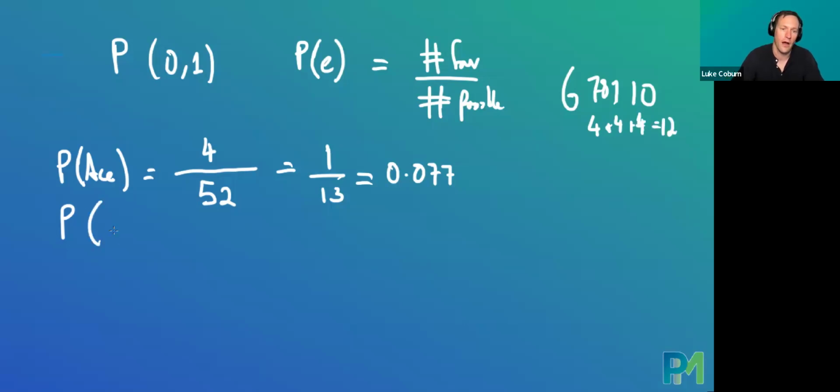The probability of a 7, an 8, or a 9 is equal to 12 out of 52. You could be playing a game of cards and think, I need a 7, an 8, or a 9 to win this game, and this is my chance of getting that. So 12 out of 52 is 3 out of 13.